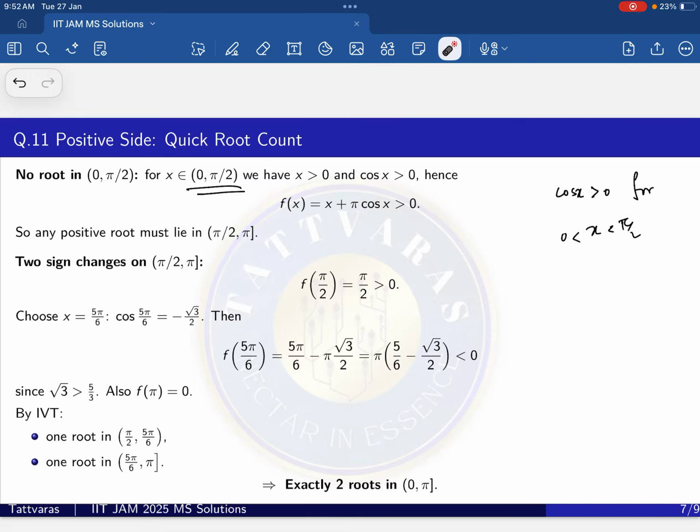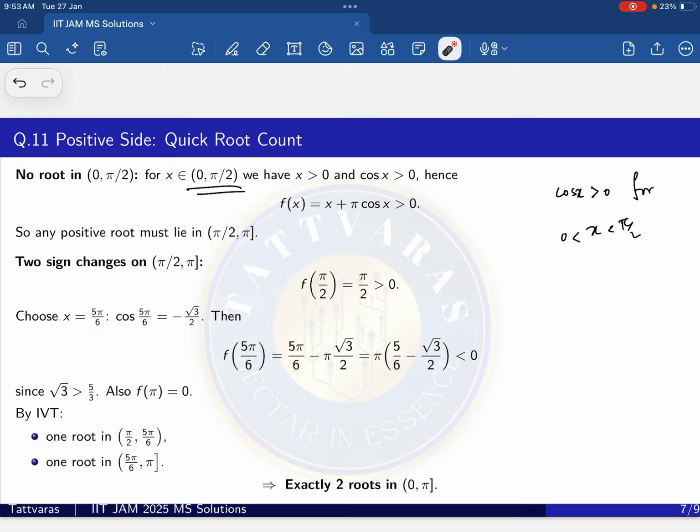So any root, if they are there, must be lying in the interval pi by 2 comma pi. Now here from some elementary calculations you can check. For example, if you take these 2 points, for example 5 pi by 6 and pi by 2, you can check at pi by 2 it is positive, and at 5 pi by 6 it is negative.